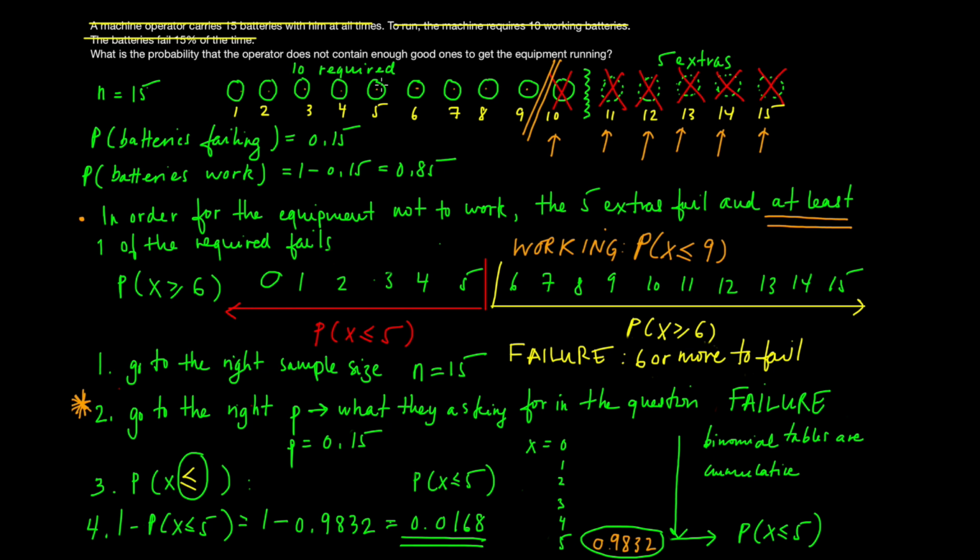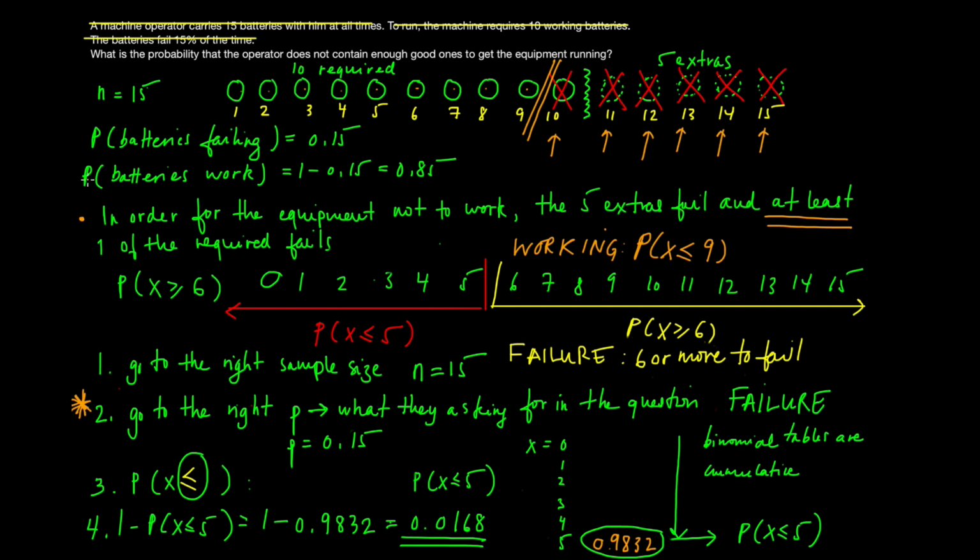They're simply asking for what is the probability for the equipment to not work. Depending on what you pick as your P and your Q, you can structure your problem differently, okay? So there are two ways to solve this. You can either choose, if you pick the probability of the batteries failing, to do the P of X greater or equal to 6, which means that if 6 or more batteries fail, the equipment will stop working.